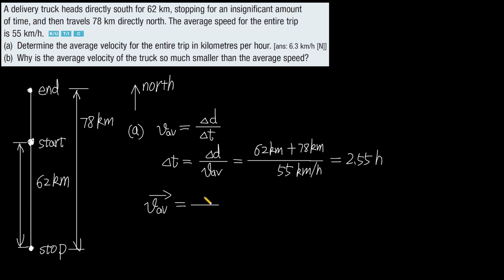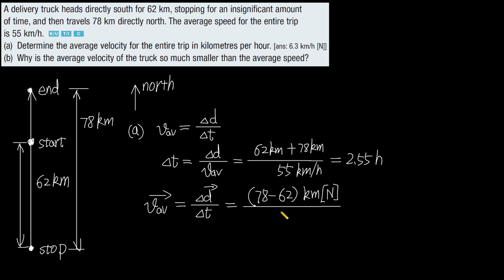And then the average velocity equals the displacement divided by the time interval. And the displacement is just the vector from the start point to the end point. It's this vector. And this vector is 78 minus 62 kilometers. And the direction is north. So this is the displacement of the truck.